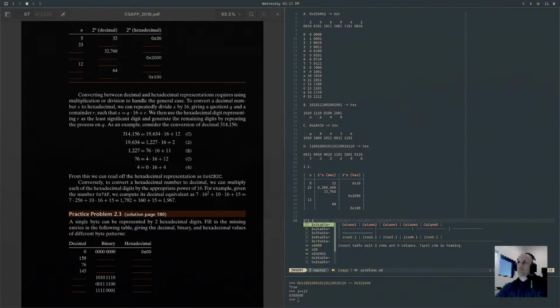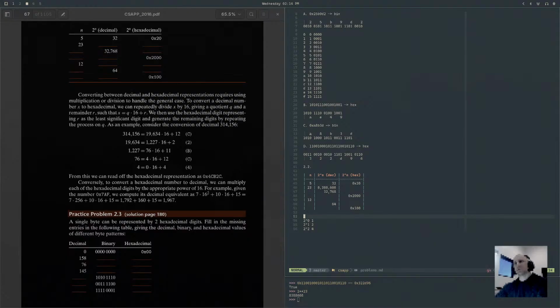It's 2. 2 to the power of 0 is 1. 2 to the power of 2 is 4. How do you get the 0 value?